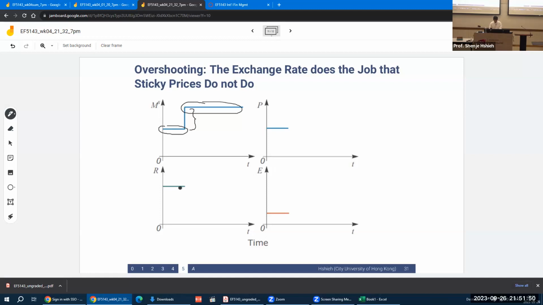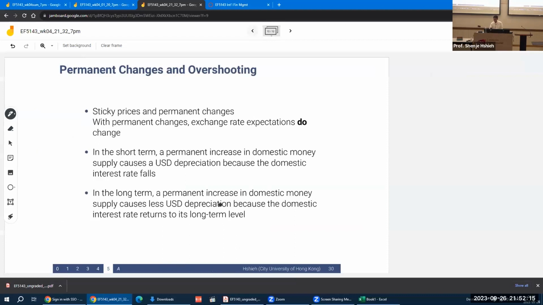What we first see, obviously, under sticky prices is a change in interest rates, right? Interest rates drop, but as prices adjust to the change in money supply, interest rates revert back to their original level. That's what you see here.